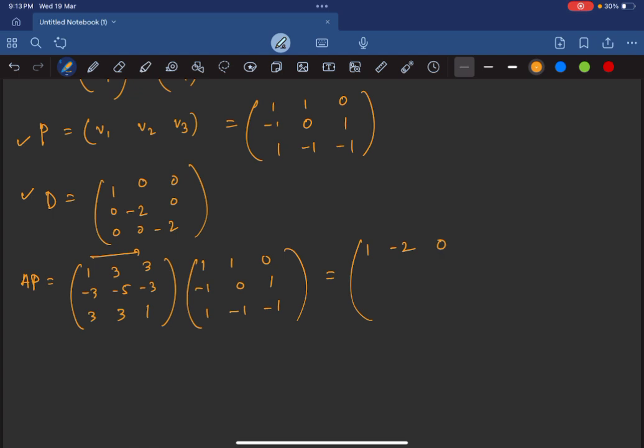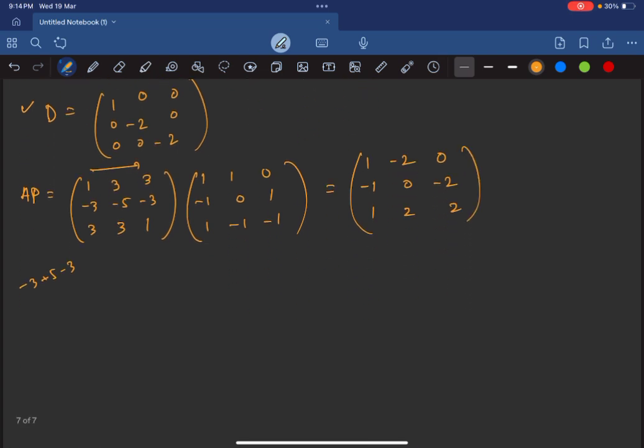Here 3 plus 5, here minus 3 plus 5 minus 3, so you are going to get minus 1. Here minus 3 0 plus 3 0, so 0, minus 5 plus 3, minus 2. All of you do the calculation by yourself. 3 minus 3 1, 3 0 minus 1, so 2. Here 3 0 3 minus 1, 2.